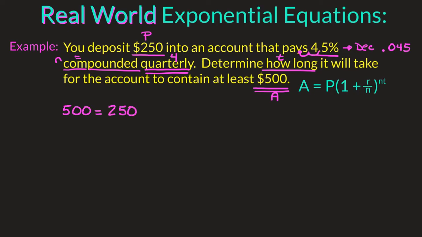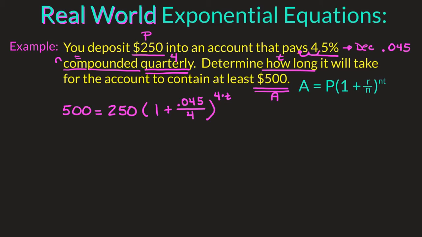So 250, open parentheses, 1 plus our rate is 0.045 divided by our n value, which we decided was 4. Close parentheses to the 4 for n times our t, which we do not know. That's what we're trying to solve for.